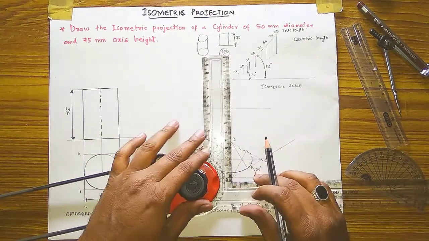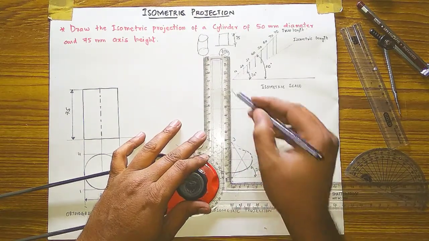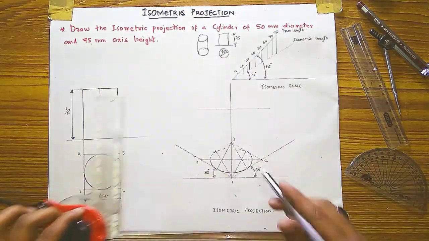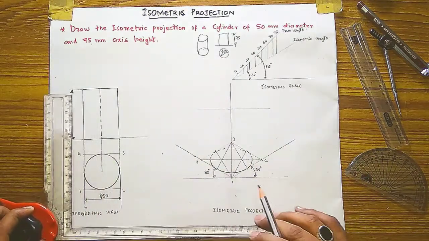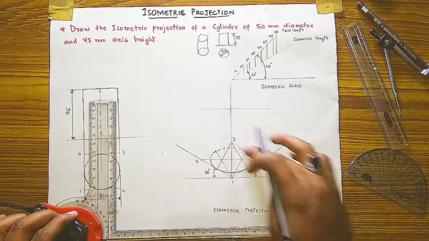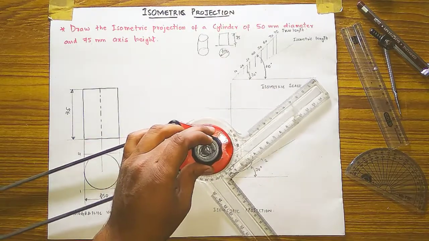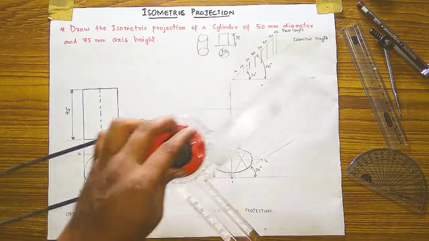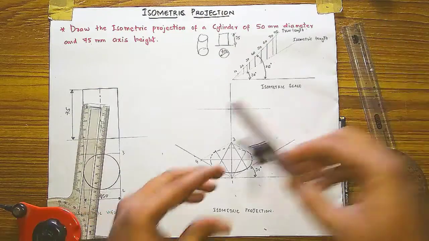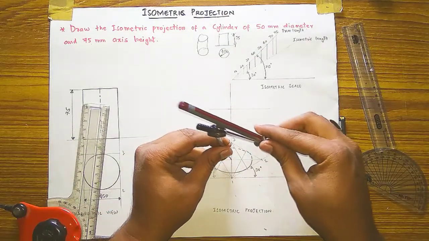Okay, so in the rhombus only you have to draw. As usual you have drawn this bottom of the cylinder. Now this same rhombus you have to create with the same dimensions. So how to create this? We have to copy this from this.